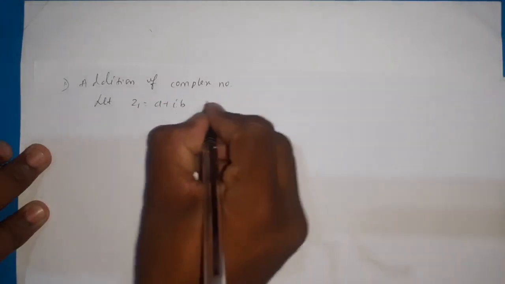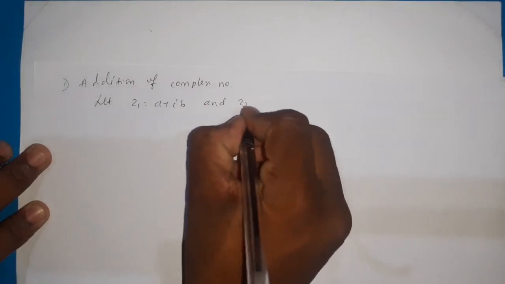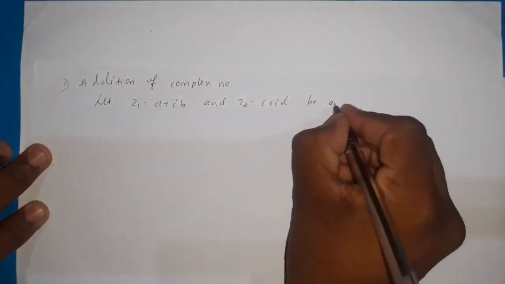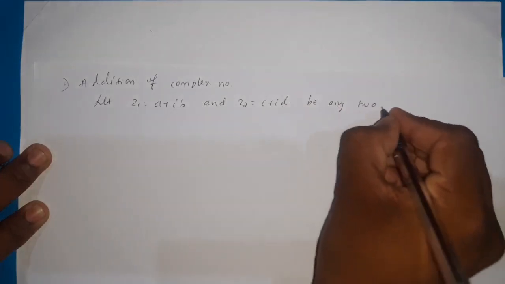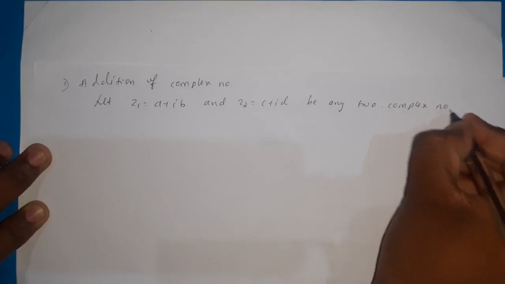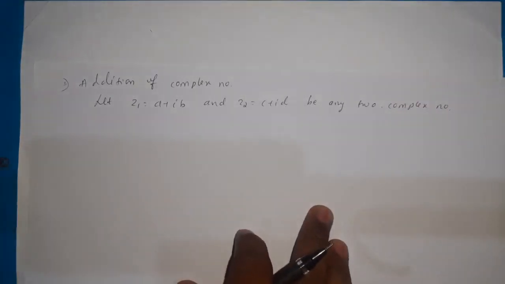Let z1 equal to a plus ib and z2 equal to c plus id be any two complex numbers, right? So let us consider the two complex numbers z1 equal to a plus ib and z2 equal to c plus id.